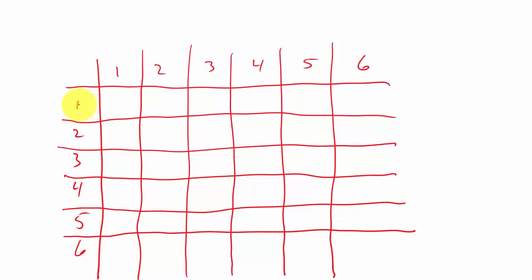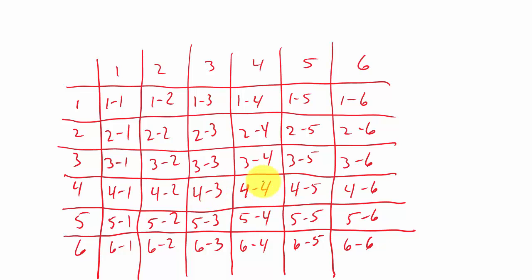Okay, so if I roll a 1 and a 1, a 1 on one die and a 2 on the other, that's 1, 2, 1, 3, 1, 4, 1, 5, 1, 6, and then a 2 and a 1. Okay, so I'm going to pause it and finish out the table. Hopefully you can see the pattern. All right, so here's our sample space.